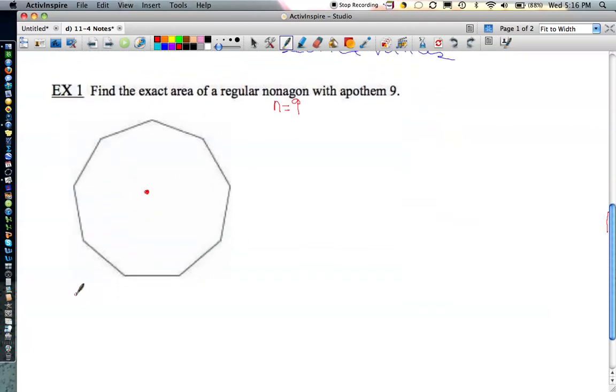So you already have central angle written here, and I'll have to write it in. Let's find the central angle for this problem. Well, it's 9 sides. So the central angle would be 360 divided by 9, which is 40. The central angle is 40 degrees.